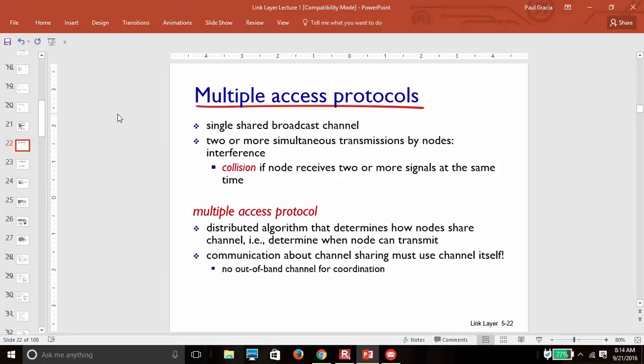You basically have to have an algorithm that determines how the channel is going to be shared, and there's no ability to have any out-of-band coordination. So you're going to use up some of the available bandwidth coordinating the multiple access protocol itself. As a result, you're going to have some trade-offs in what you choose for a multiple access protocol.